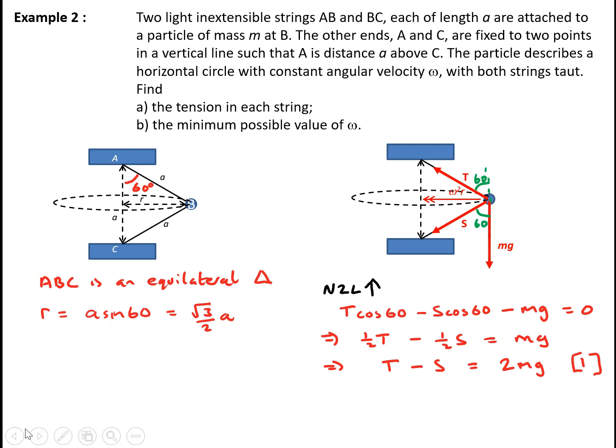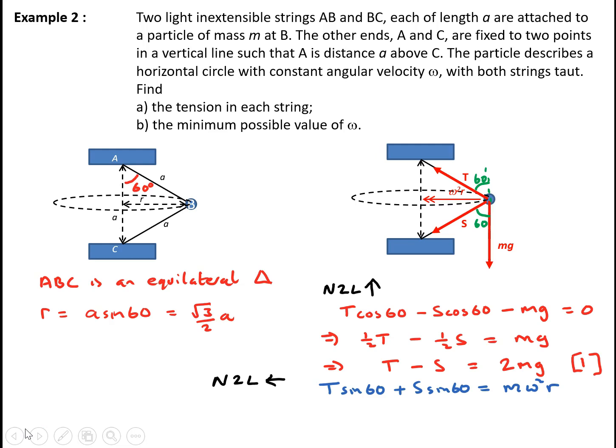Now we're going to apply Newton's second law towards the centre of the circle. We've got the component of T to the left, which is T sine 60, plus the component of S to the left, which is S sine 60, must equal the mass m times omega squared r.